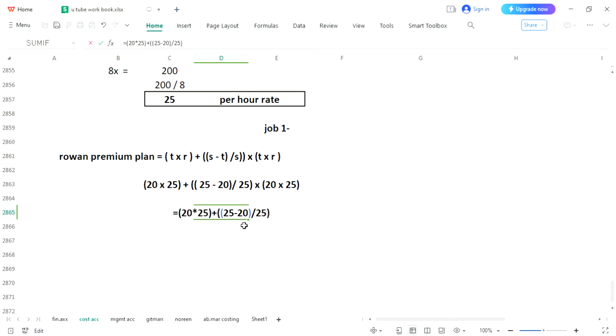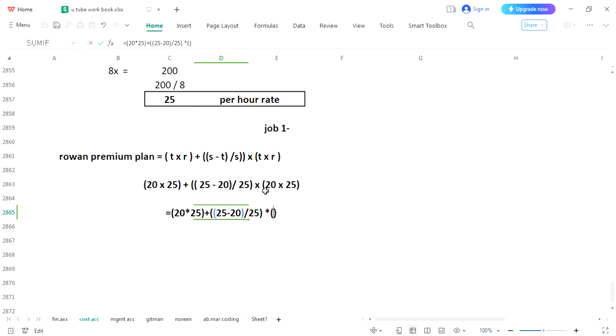Look here, two opening brackets, two closing brackets. I am telling you this because if even one bracket is missed, you would not be able to calculate in the right way.